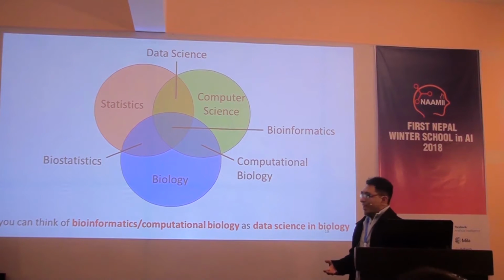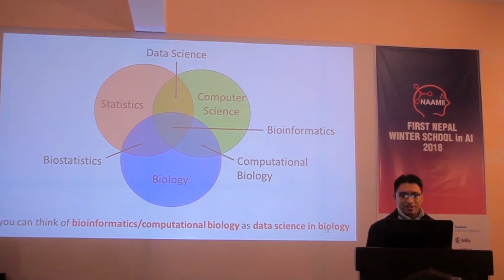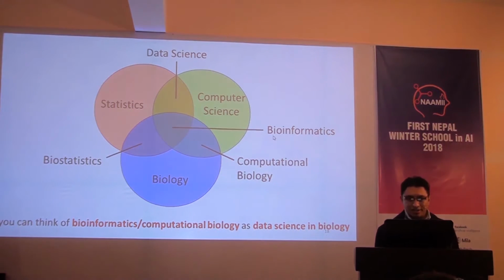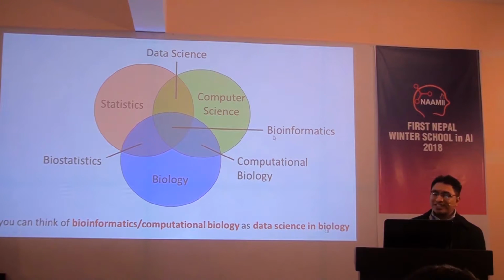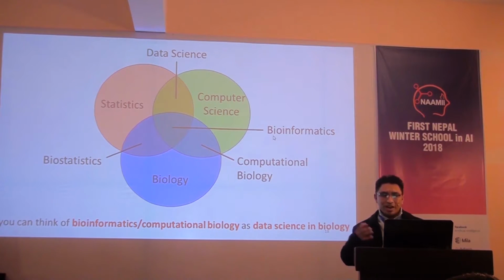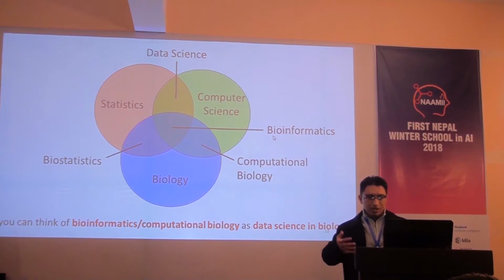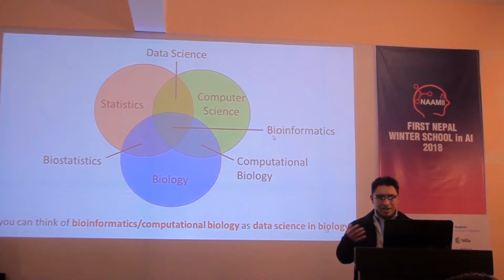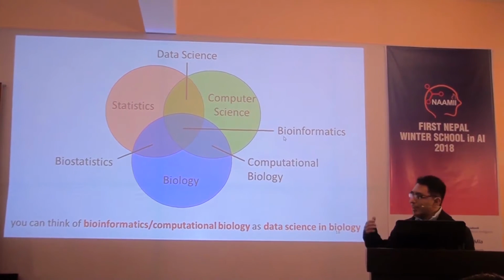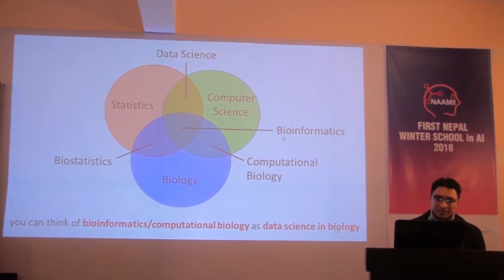Bioinformatics, as I just mentioned, is a combination of two words: biology and information technology. Essentially it is a combination of statistics, computer science, and biology. They are often referred to as bioinformatics and computational biology. They can be thought of as data science in biology.